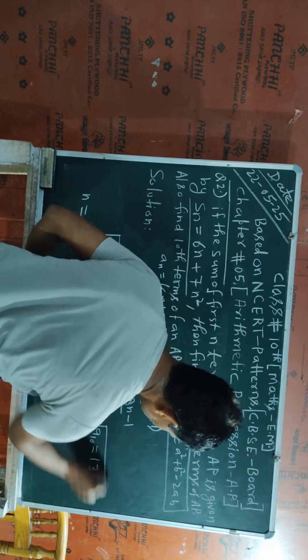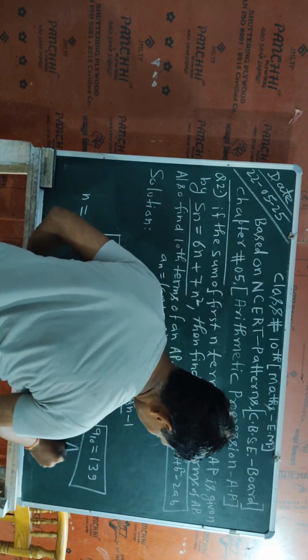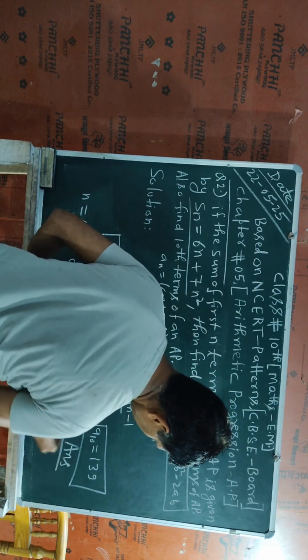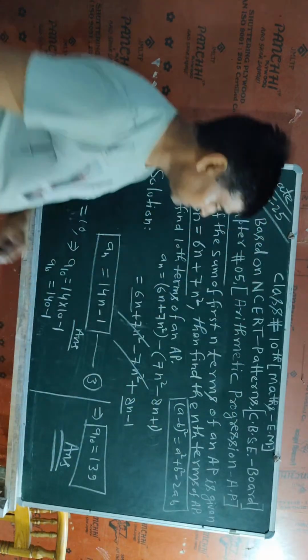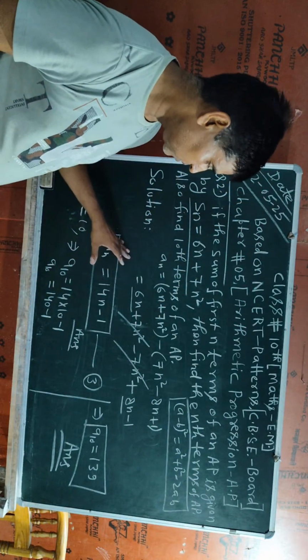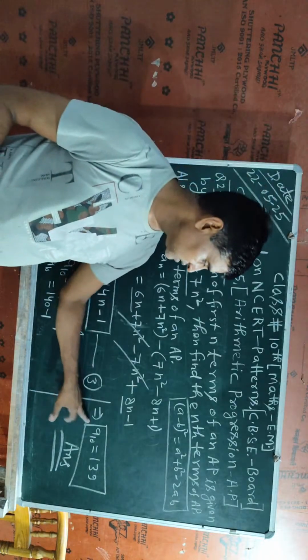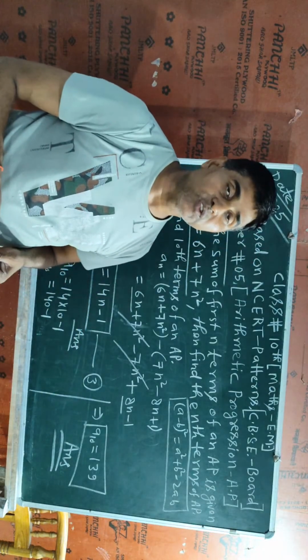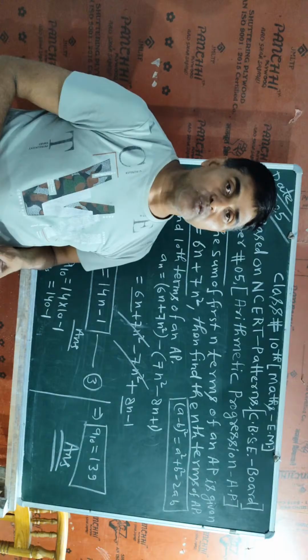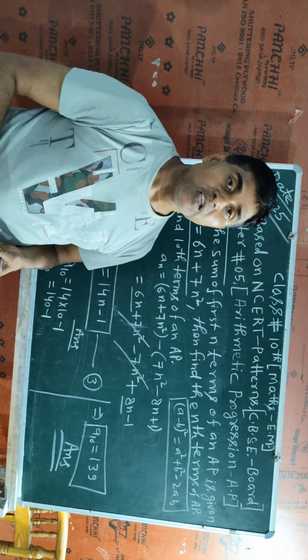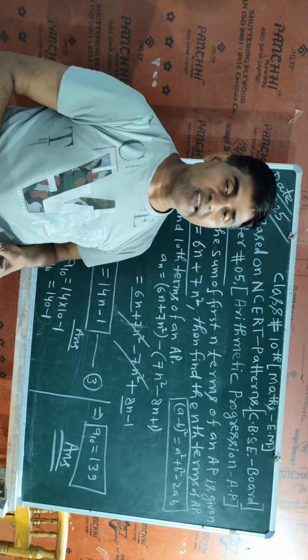So this is the second answer of my question. This is the first answer and this is the second answer which is asked in the question. According to this way, any question of the arithmetic progression, each and every student can solve it.